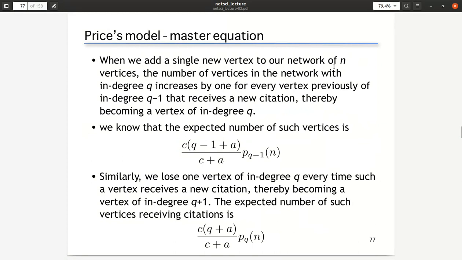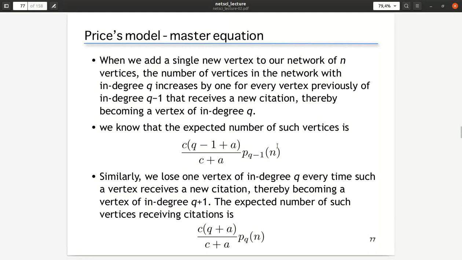So when we are adding a new vertex to the network, then we will have n+1 nodes, of course, and the nodes with in-degree q increase by 1 for every vertex that gets cited. Whatever I said before, it's written down here.